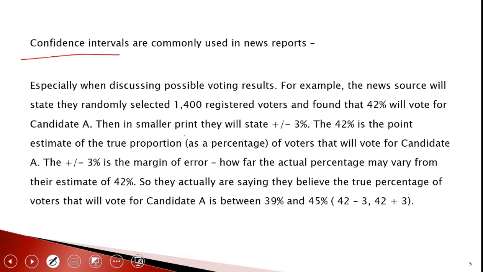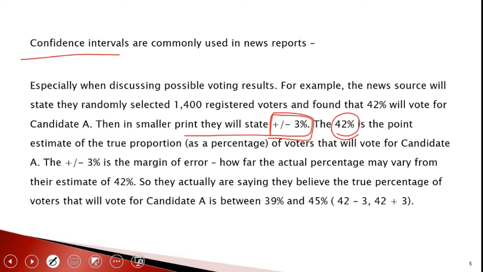See, they will state plus or minus 3%. The real value is 42%. I'm not going to go through this example, but just try to focus on the specific values. The value is 42, but they state plus or minus 3%.